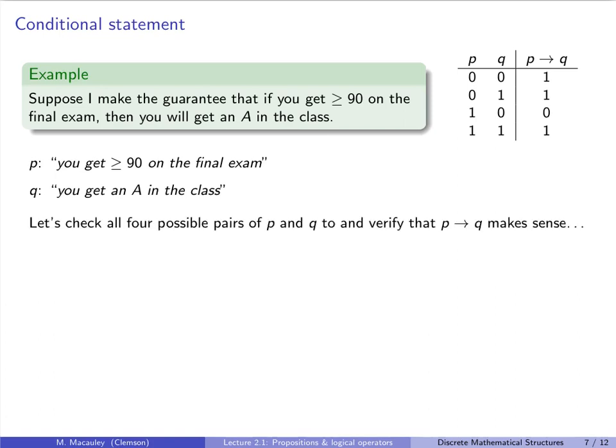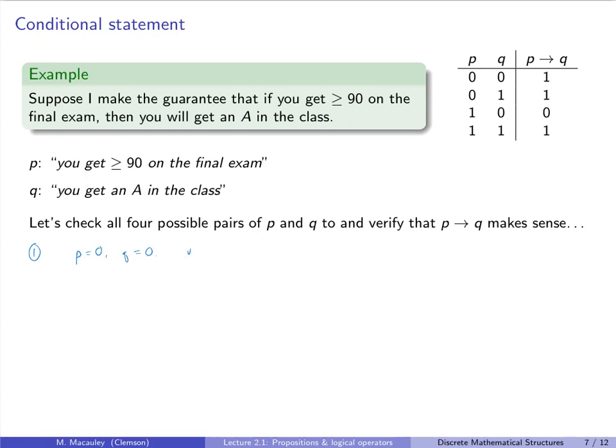Let's check all 4 possible pairs of P and Q to verify that this truth table makes sense. So, case 1, this first row. So case 1 is when P equals 0 and Q equals 0.